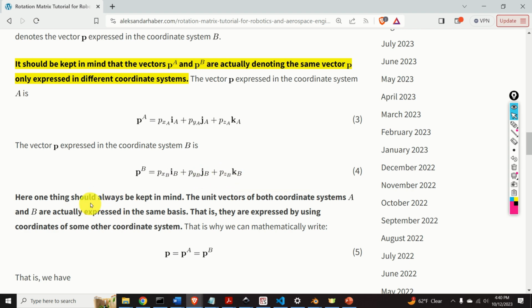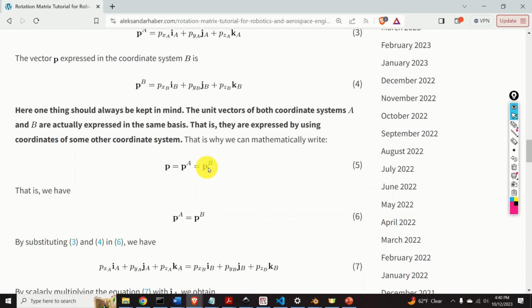Here, one very important thing should always be kept in mind. The unit vectors of both coordinate systems A and B are actually expressed in the same basis. That is, they are expressed by using coordinates of some other third coordinate system. Due to this, we can write this equation.